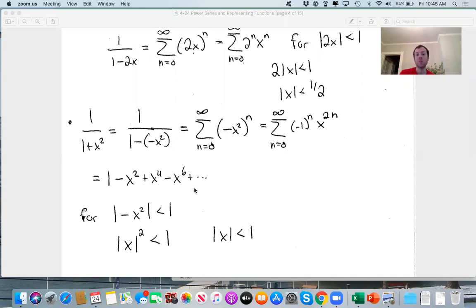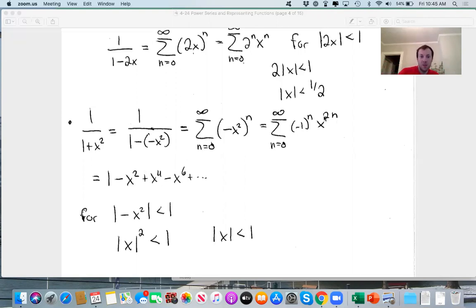Sometimes you leave out terms, with the understanding that sometimes coefficients can be 0, and so not every power is represented. And that's what's happening here. From the 2n, we can see when we put in specific n's, we're only getting the even powers.